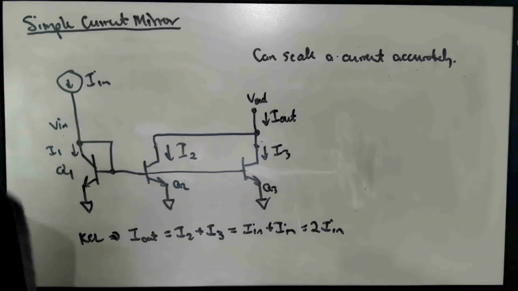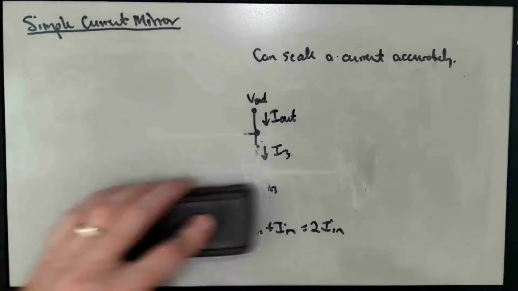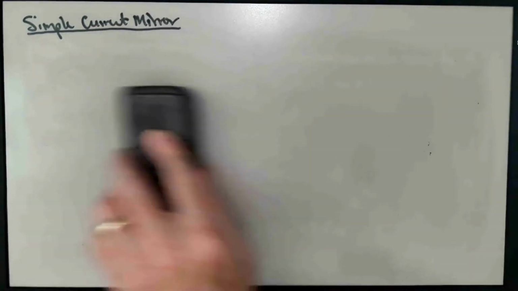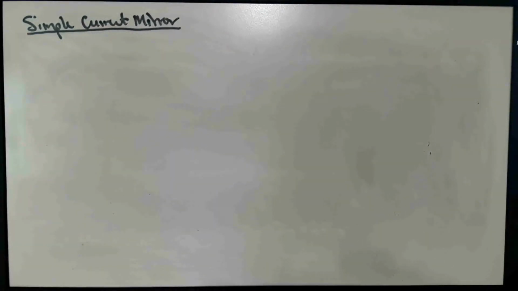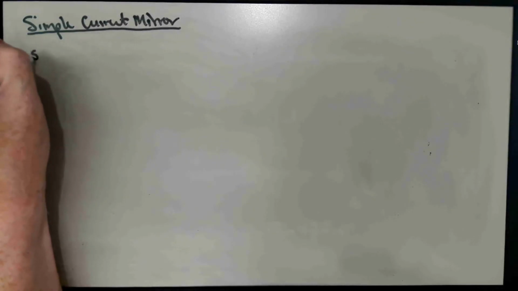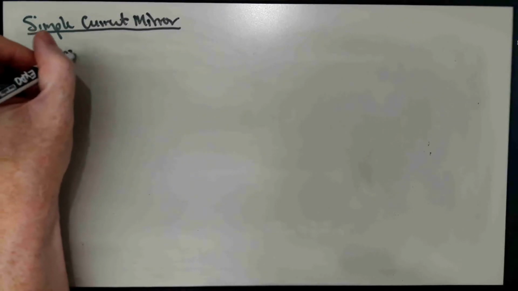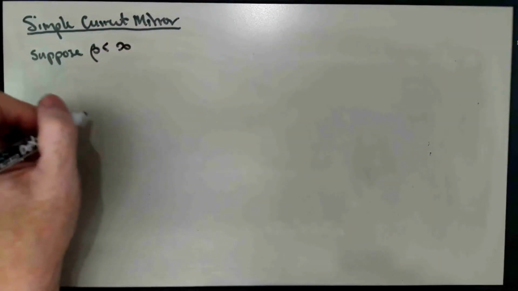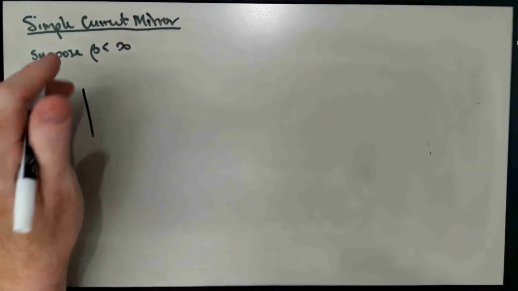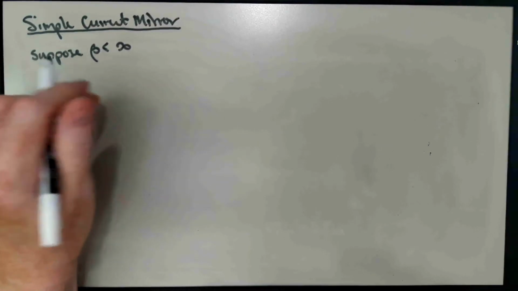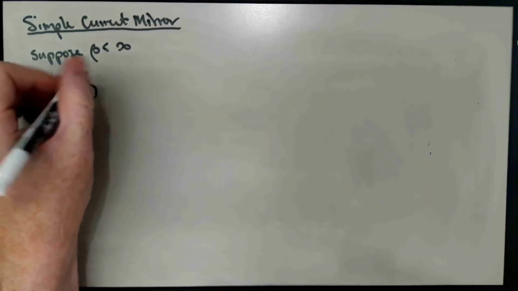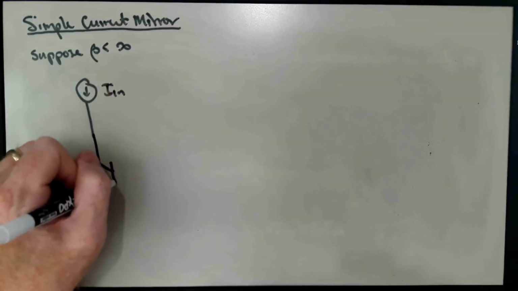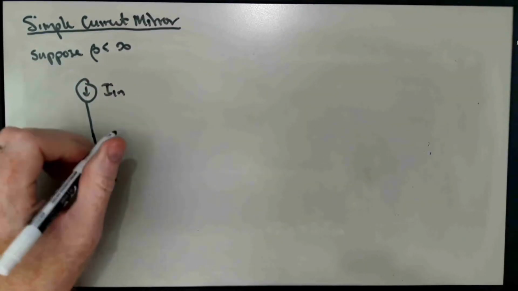What about the effect of base currents? So let's suppose beta is less than infinity here. So we have our simple current mirror. Let's just go back to two transistors, I in, or I1 and I2.